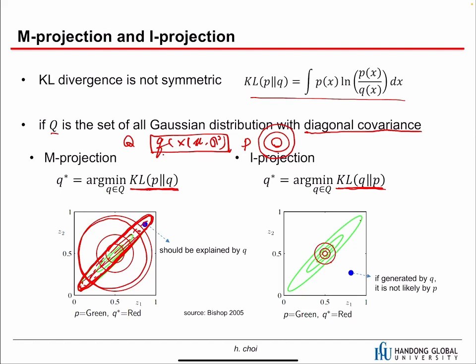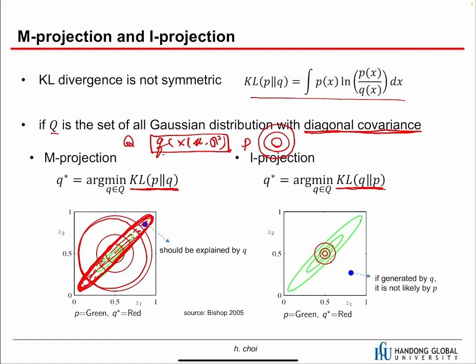Again, Q is supposed to have a diagonal covariance matrix, so it should be a circle. If Q can have any arbitrary covariance matrix, then probably Q will be like a green curve.